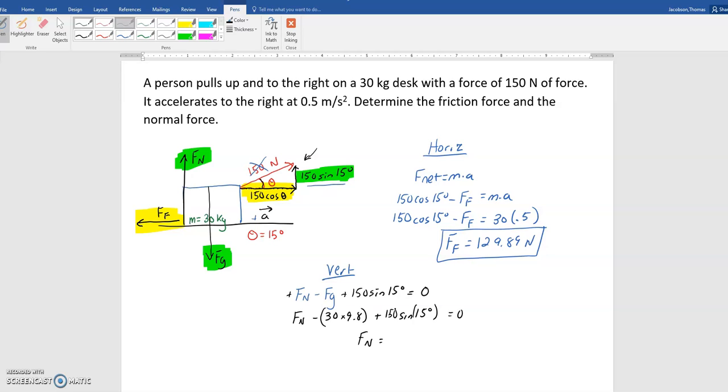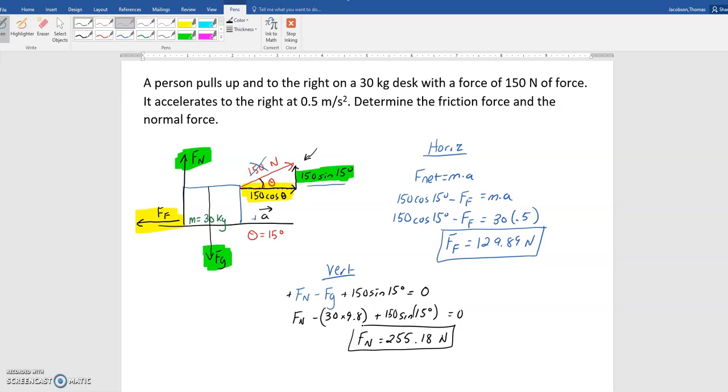And then I'm going to add 30 times 9.8. And my Fn is going to be 255.18 newtons.